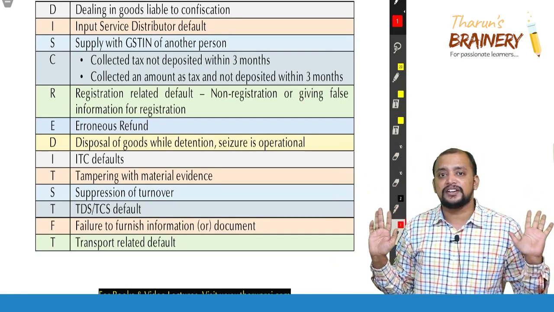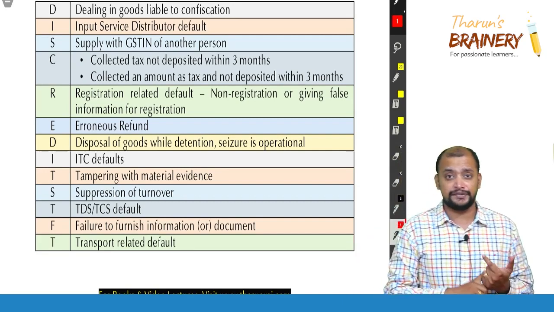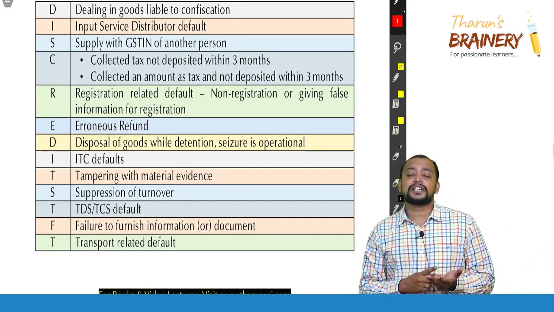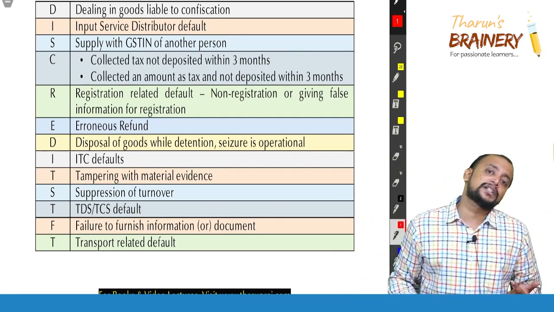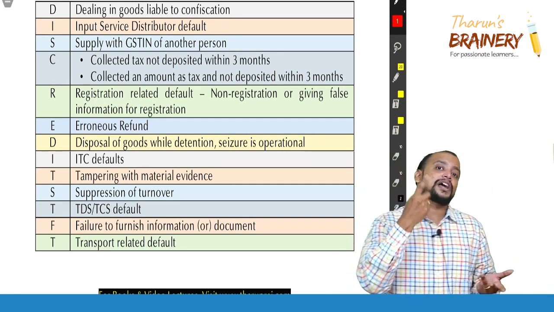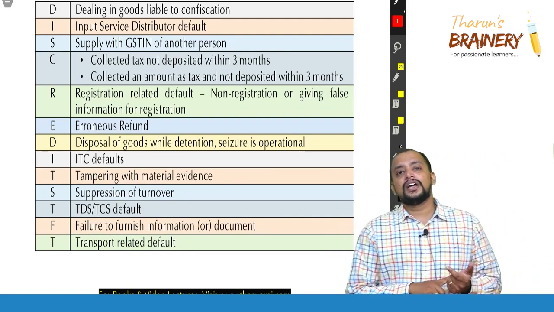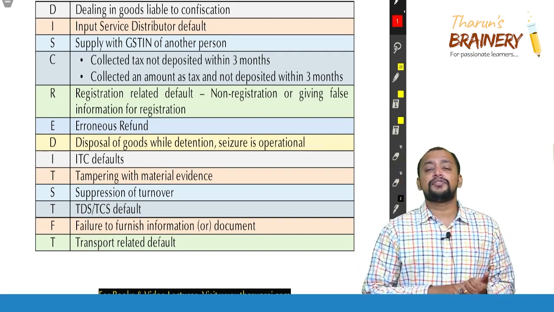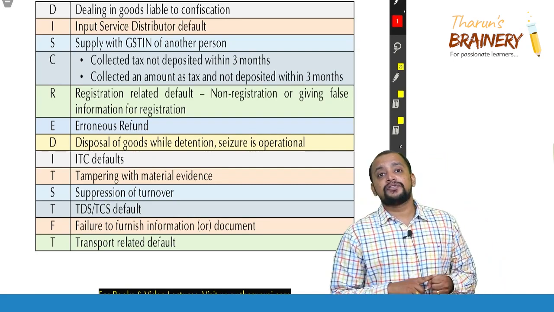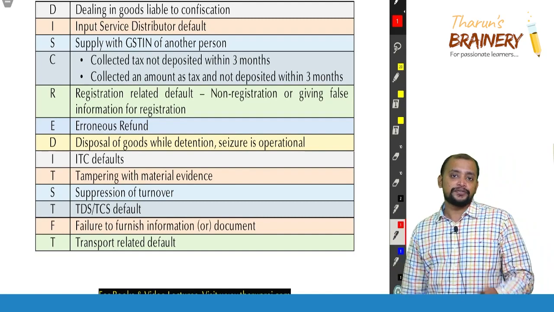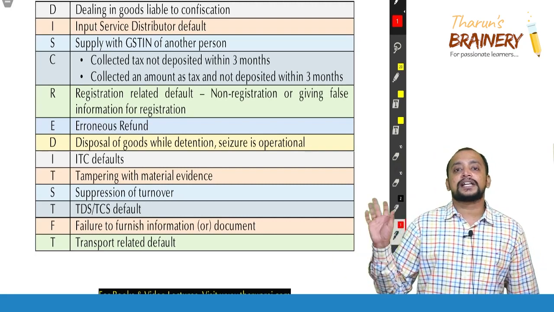Okay, bio discredits TFT. Quickly I am repeating: B for books of accounts default, I for invoice default, O for obstructing an officer from doing duty, then D for dealing in goods liable for confiscation, and I for ISD default, S for supplying with GST of another person, then C for collected an amount as tax or collected tax not deposited within 3 months, and R for registration default, E for erroneous refund, then D for disposal of goods while detention or seizure is operational, then I for ITC default, T for tampering material evidence, S for suppression of turnover, then TFT, that is TDS or TCS default, failure to supply information, or last, transportation default.